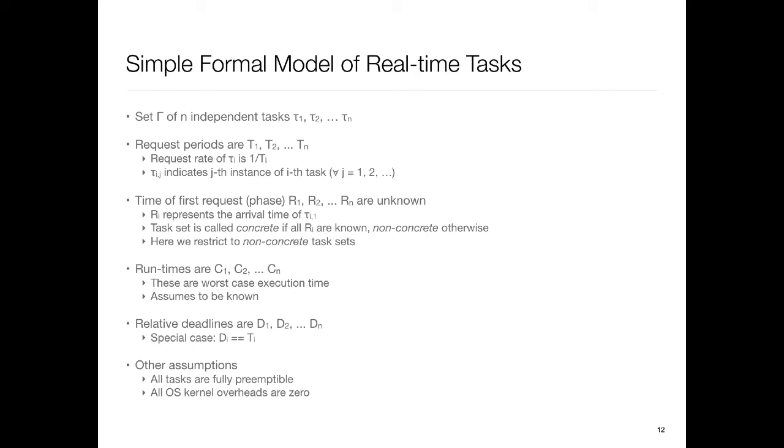So that phase difference is what we call Ri, and here we are saying that we don't know that phase. So I cannot predict upfront when the events are going to arrive for a particular type. Of course, after I receive the first event of a given type, then I can from that point on, but it's only at runtime that I get to do that.